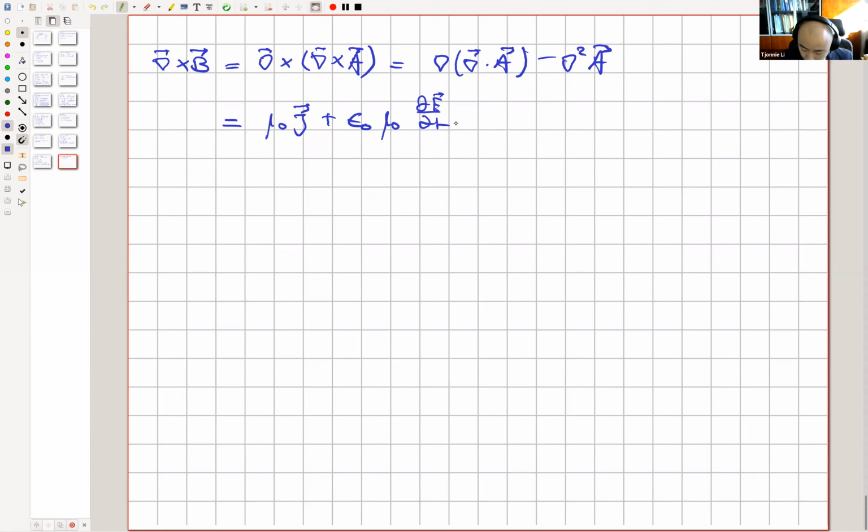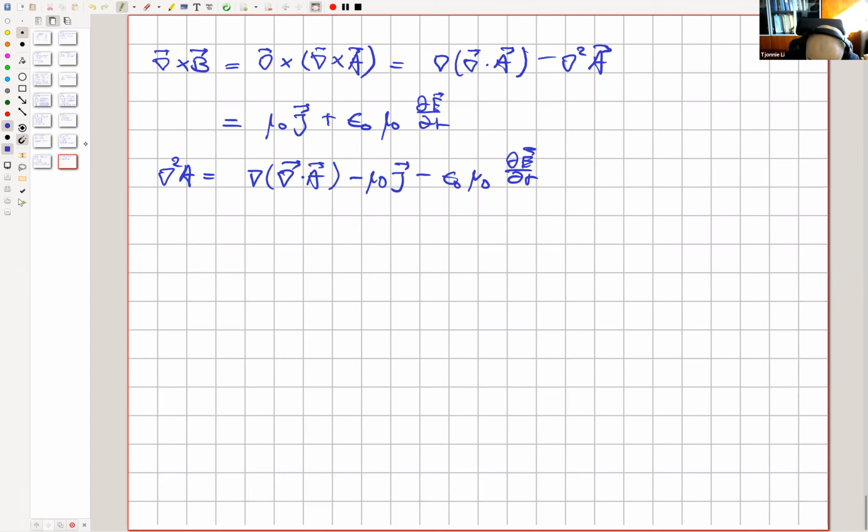Okay, and so let's reorganize this to the Laplacian of A equals the gradient of the divergence of A minus mu naught J minus mu naught epsilon naught partial E partial t.